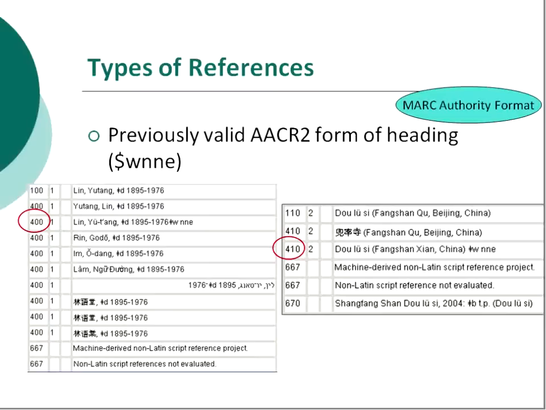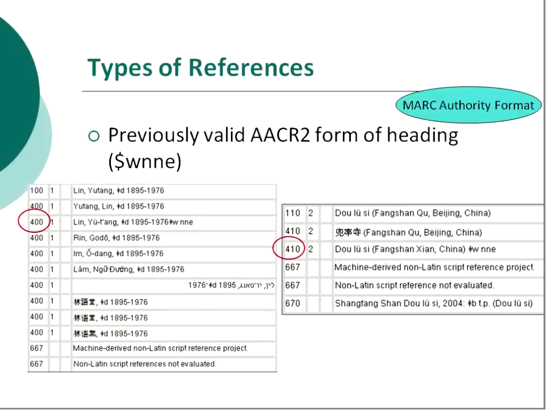Now take a look at the screenshot to the right-hand side, which is the second screenshot we have here. You notice the WNNE form in the 410 here for a corporate body, of course, has a different place name qualifier.